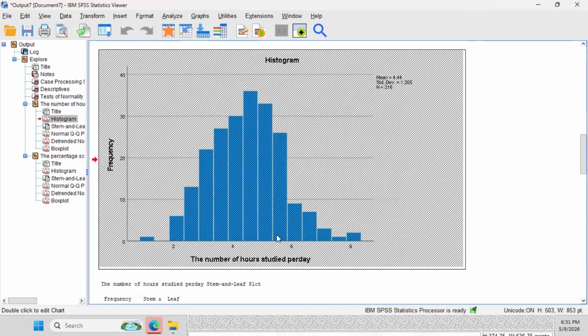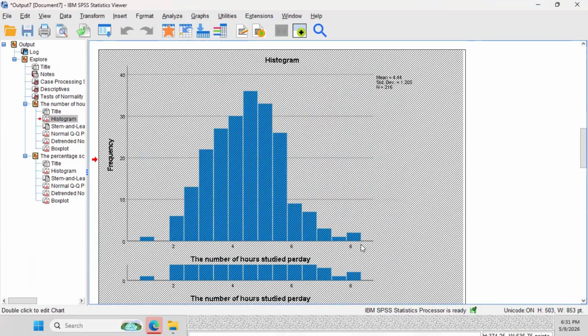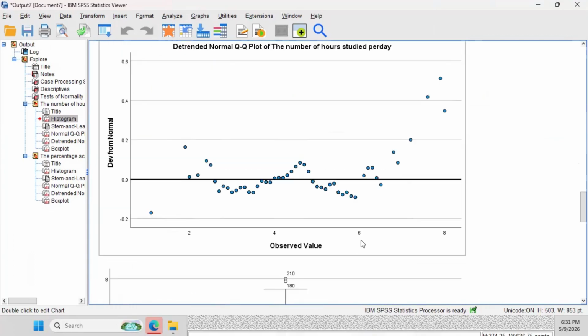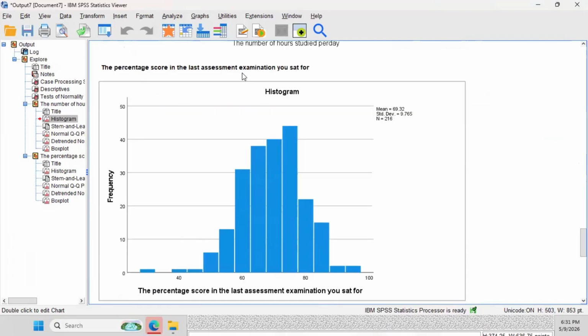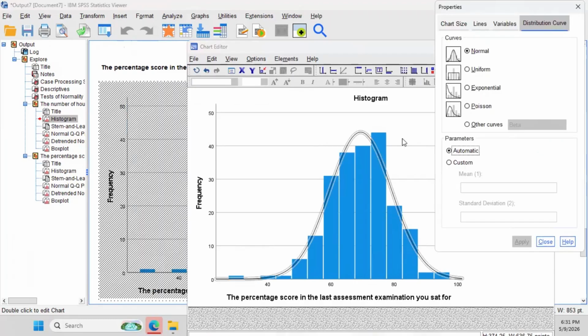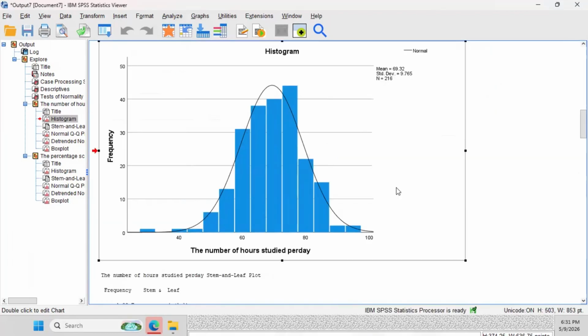correlation analysis on it. So this is number of hours studied, okay? So it can give us all these graphs. So this graph is for the percentage score. You can also see that it is normally distributed. Okay, you can see the bell curve coming right there, right nicely.